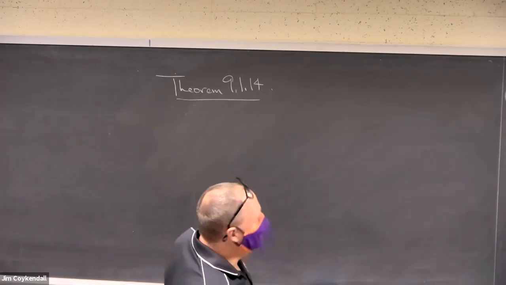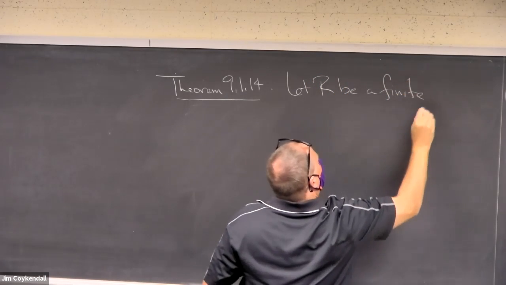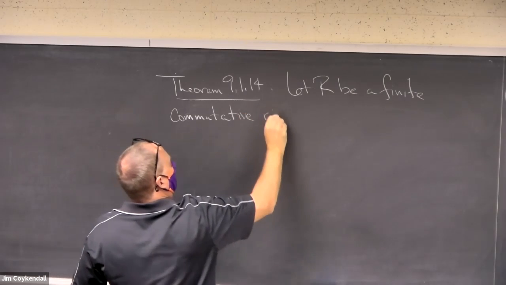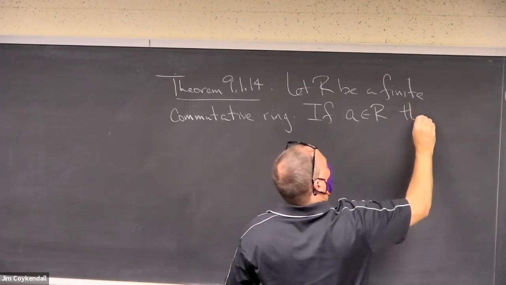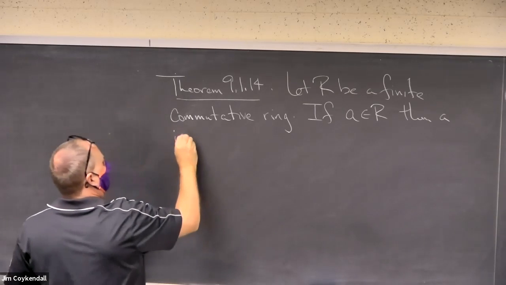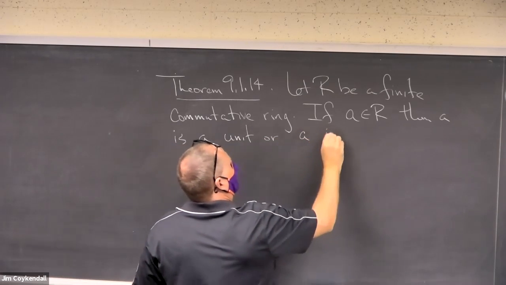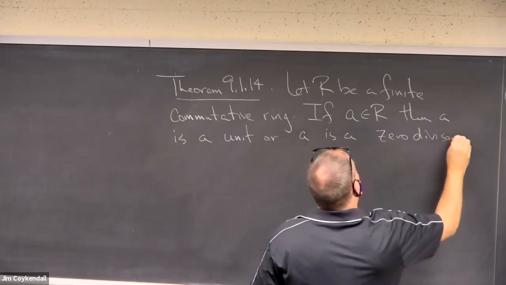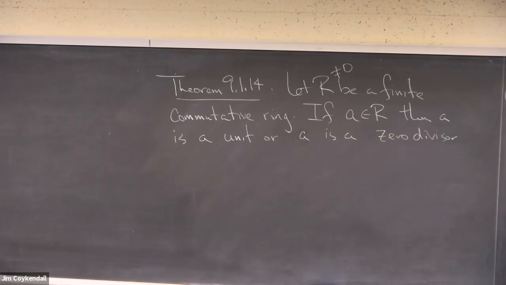Let R be a finite commutative ring. Just so that we're not pathological here, I'm going to say that R is a finite ring that has more than just zero.